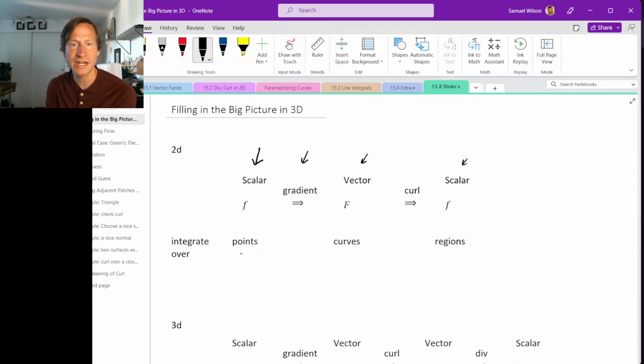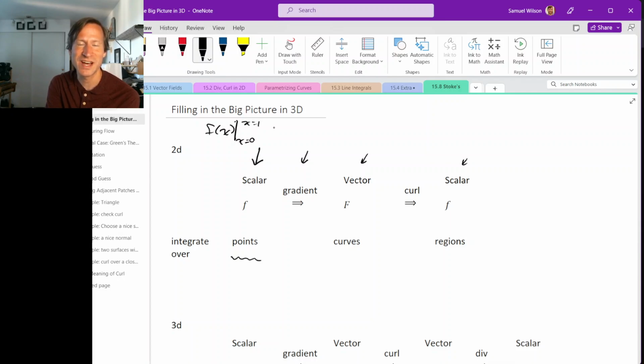So you can integrate scalar valued functions over points. We don't usually think of integrating over points, but we write this sort of thing all of the time, where you say go from x equals 0 to x equals 1. This is really integrating over 2 points, because each point has an orientation.